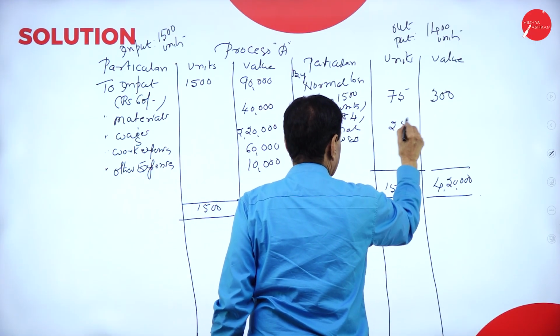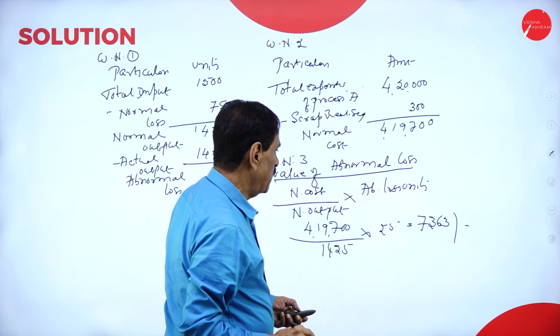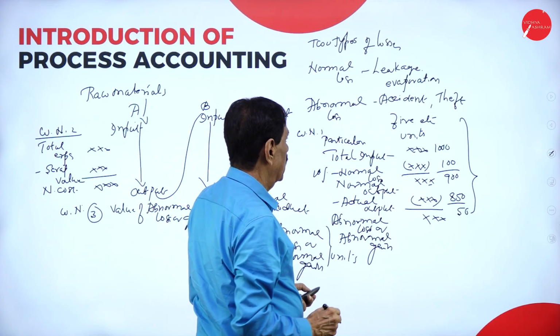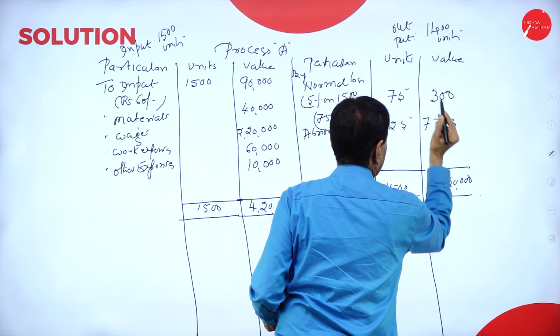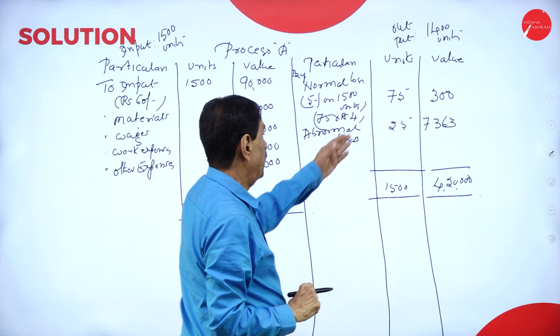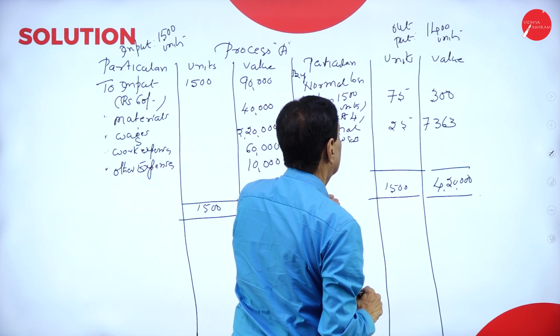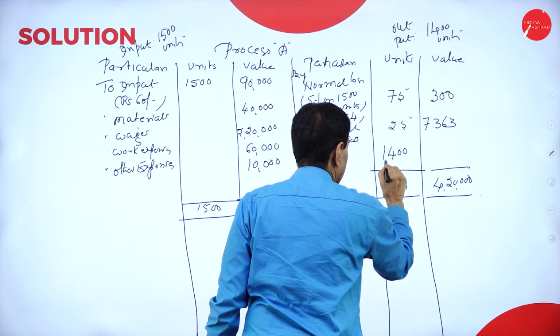(25 units). Value 7,363. So bring out the difference: 75, 25, 100, 1,400 units.